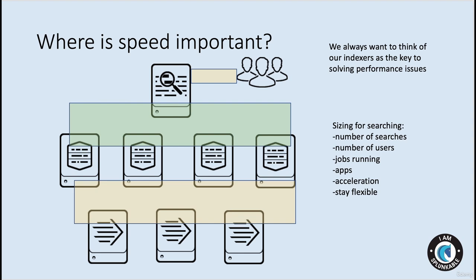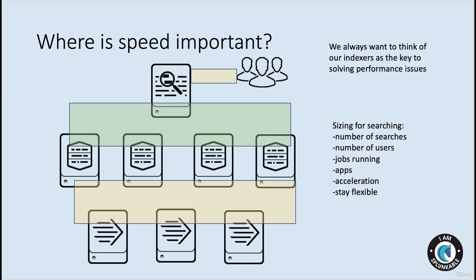So the yellow areas here, you can have more wiggle room to have lower speed. I mean, the speed should still be acceptable, but it's not as important as the green layer here. And the sizing for searching that we want to consider is the number of searches that users are performing, the number of jobs that are running, and apps that may be running searches in the background.